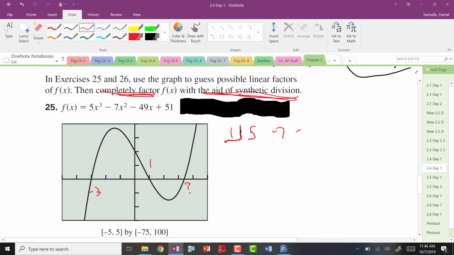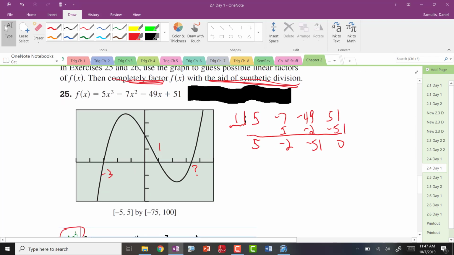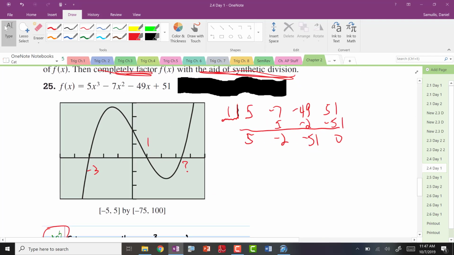And if you didn't do your homework, that's right. Bring down the 5. What's 1 times 5? 5 plus -7 is -2. 1 times -2 is -2, and -49 makes -51, right? And then, hey, look at this. -51 plus 50 is 0. Proved. Hey, what's that 5, -2, -51 called?